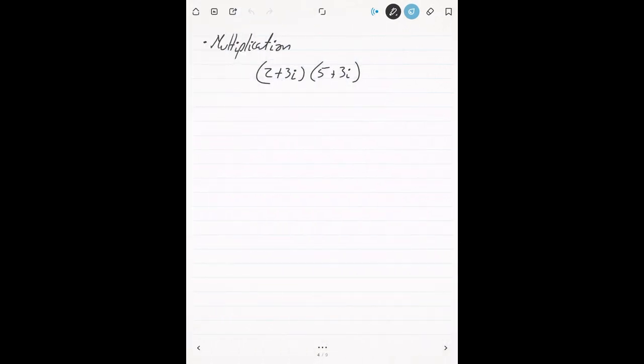Now let's try multiplication. Again, we have two different numbers here, and each number has different components to it. When we go and multiply these things together, we are going to treat this just like we did with polynomials. You can think of this problem as being very similar to 2 plus 3x times 5 plus 3x.